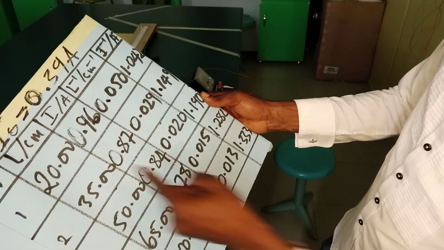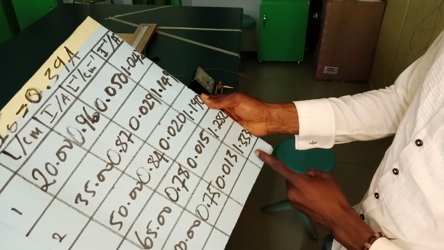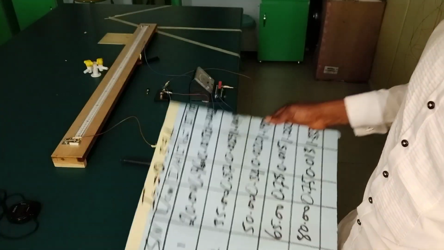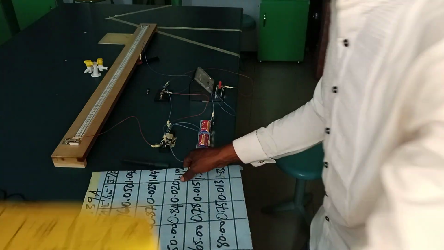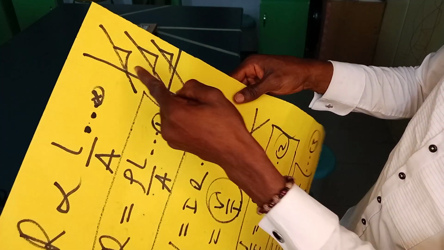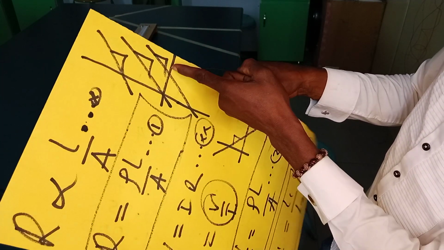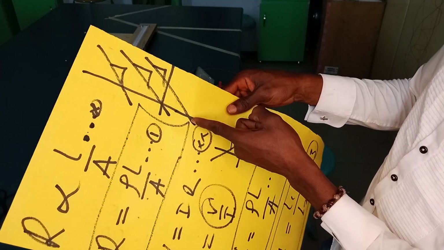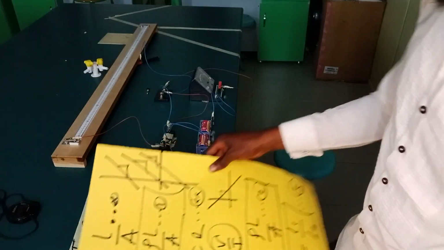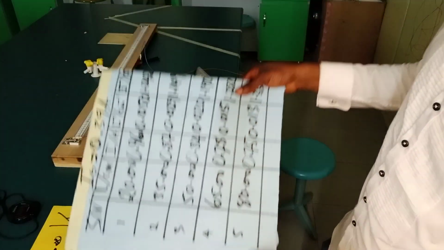So a graph of increase against increase or decrease against decrease will give you a straight line graph passing through the origin, or having an intercept on the y-axis, or having intercepts both on the x-axis and on the y-axis. Do you understand? So to this, we have come to the end of this particular video.